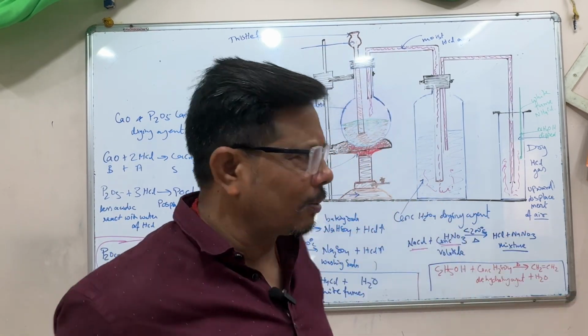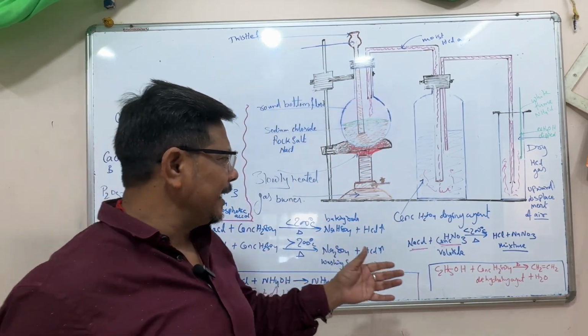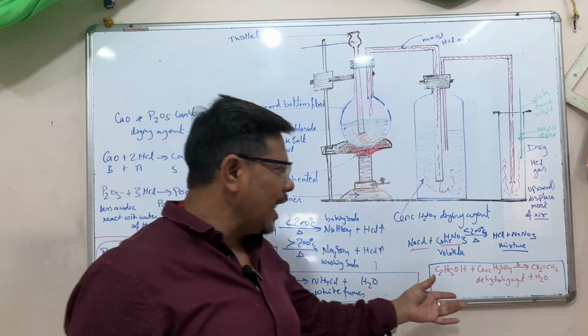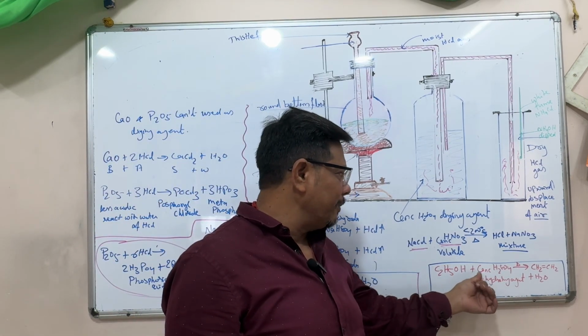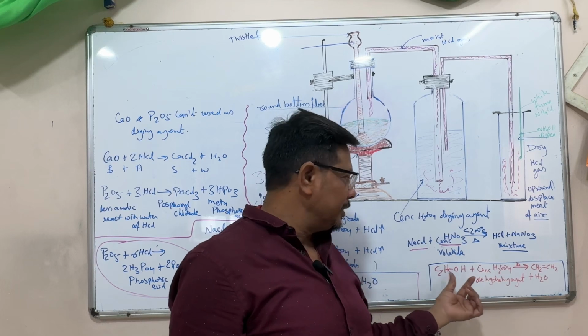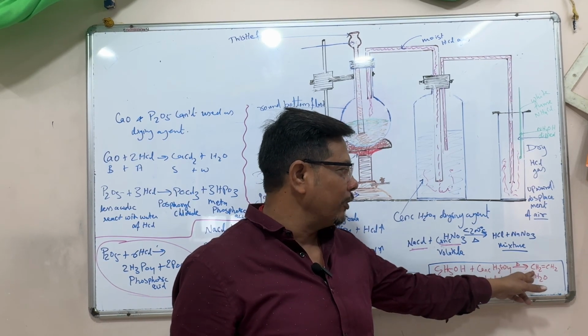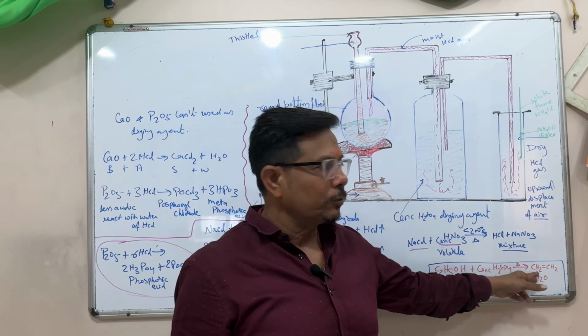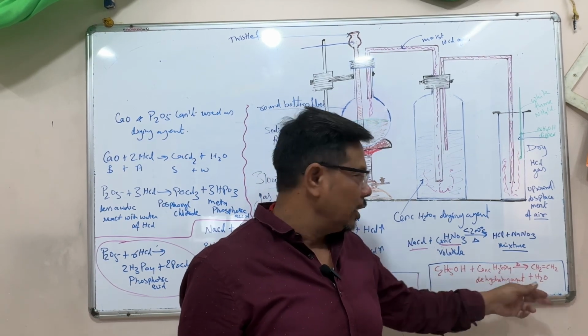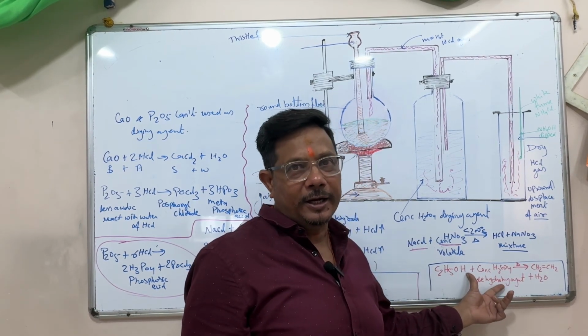If it acts as a dehydrating agent, it will remove water from the compound. For example, if C2H5OH loses water, it will form an ethylene molecule, along with water. This is called dehydrating agent action.